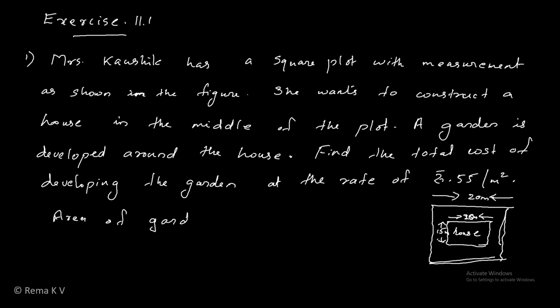Area of the garden can be found by subtracting area of this rectangular plot from area of the square.